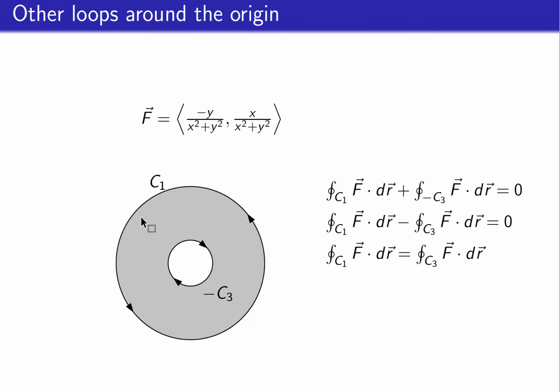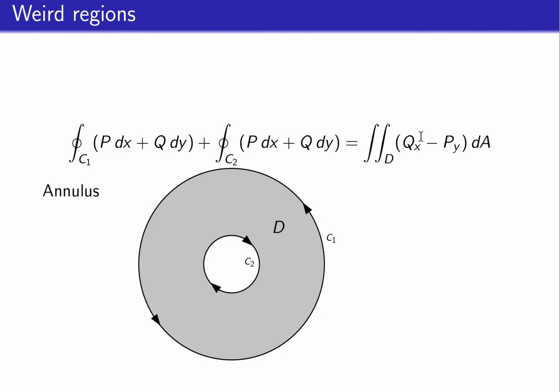So we've got C1 going this way, negative C3 going that way, and then the integral of C1 plus the integral of negative C3 is going to be this double integral of Q sub x minus P sub y. This is going to be 0, and there's no problem here because where it went to infinity is not in the region D. It's out here. It's kind of weird to talk about this as being outside, but there you go. It's not in the shaded region.